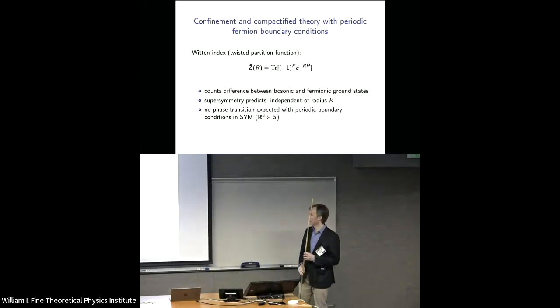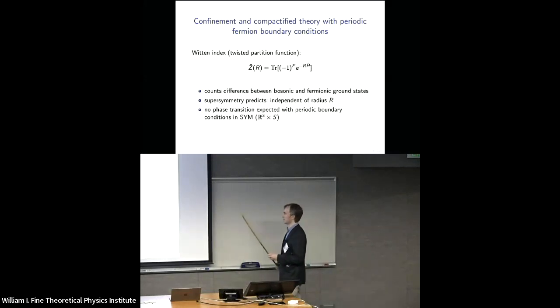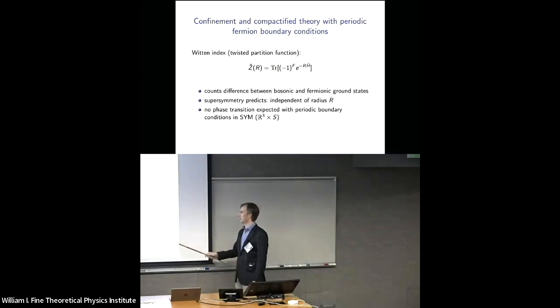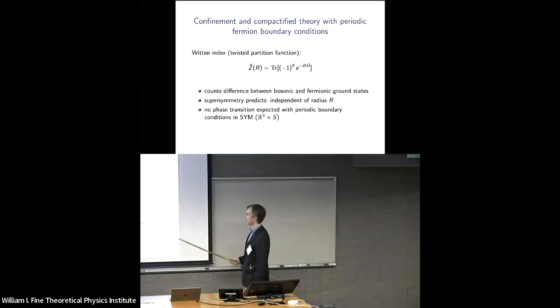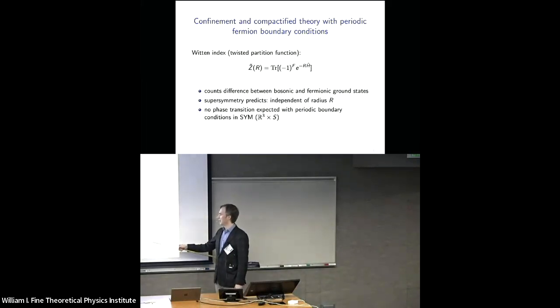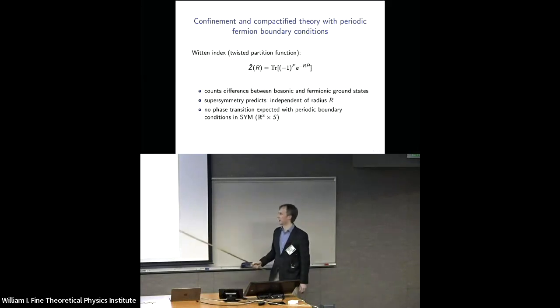And since all states except the ground state in these supersymmetric theories cancel between bosonic and fermionic states, it just counts the difference between bosonic and fermionic ground states. And since for supersymmetric Yang-Mills theory this is a fixed number, just the number of colors, this twisted partition function is independent of the radius r here.